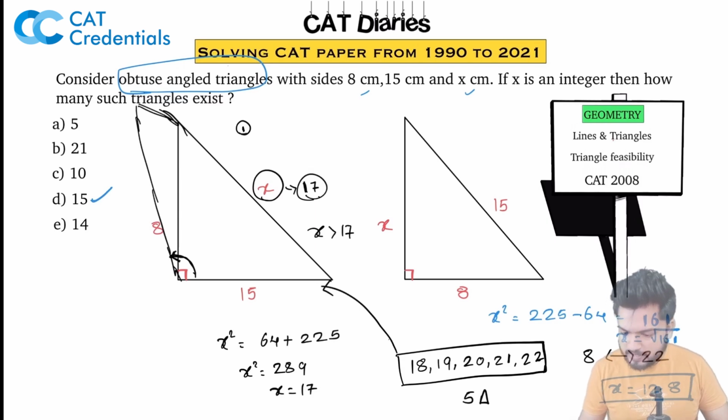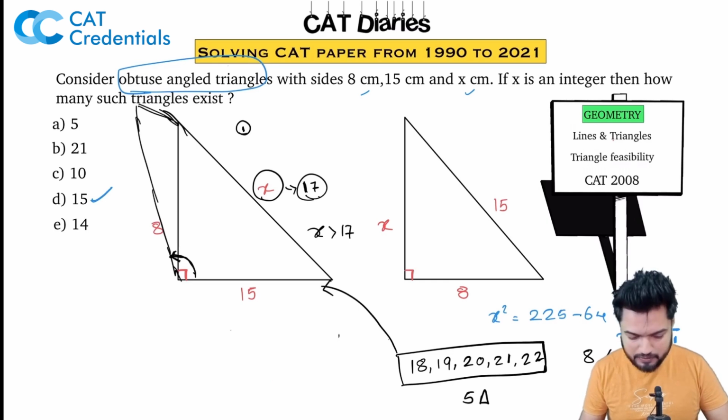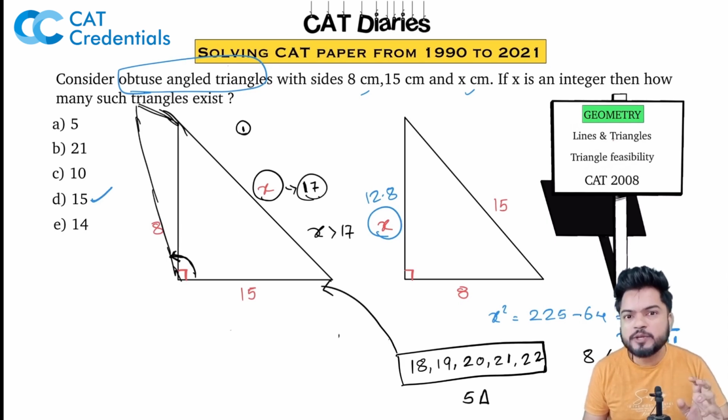Now start thinking. If x is equal to 12.8, which means I put it here, I need the values of x which are lesser than 12.8 and are integers for it to become an obtuse angle triangle, because at 12.8 it will become a right angle triangle. I need the value lesser than this. Again this can stretch.